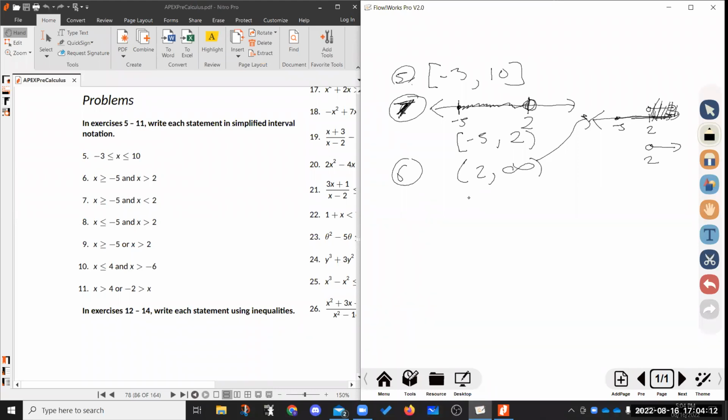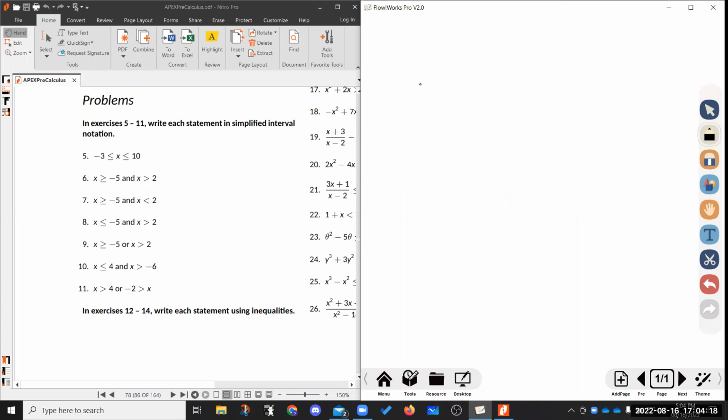So everyone follow that? Watch your direction of your inequality signs here. Number 8 asks me x is less than or equal to -5 and x is greater than 2.